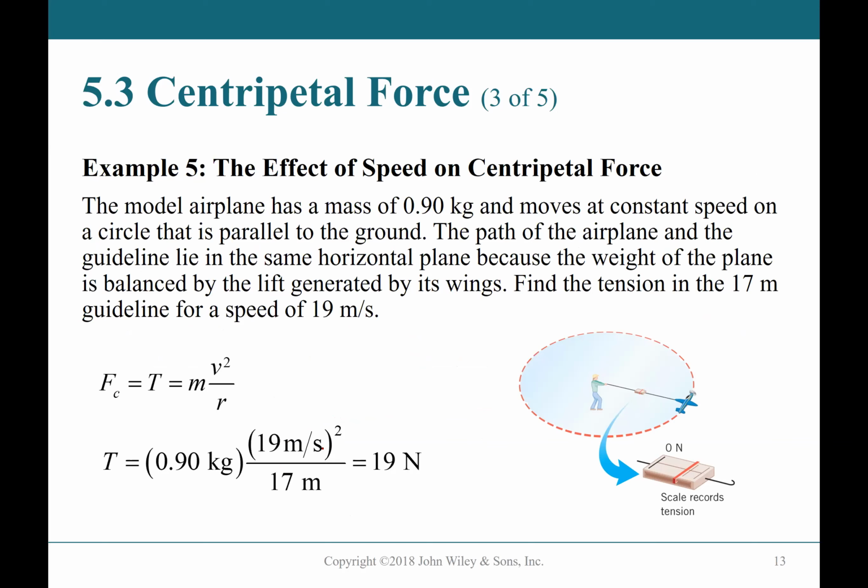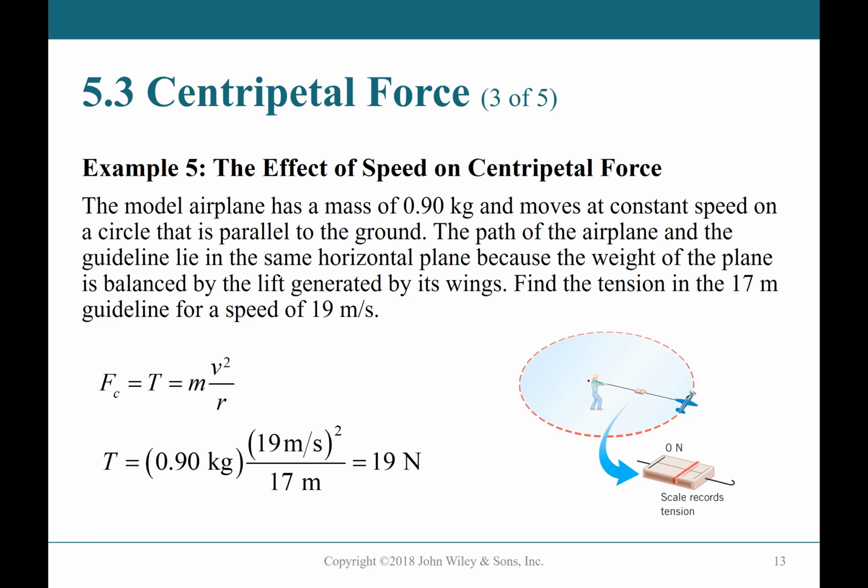Okay. The model airplane has a mass of 0.9 kilograms and moves at constant speed on a circle that is parallel to the ground. The path of the airplane and the guideline lie in the same horizontal plane because the weight of the plane is balanced by the lift generated by its wings. Find the tension.